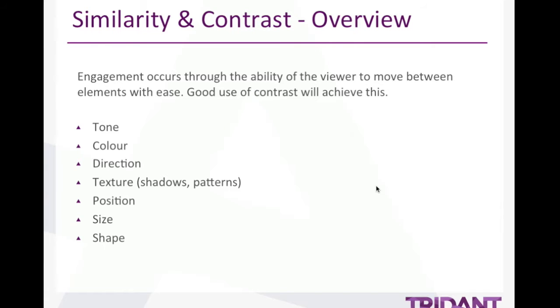Contrast really creates the impact in a design, so it works best when elements are completely different, because if you make something just a little bit different, it can be confused as a mistake. For example, if you were to choose two slightly different fonts, it's going to look far worse than if you were to choose two completely different but complementary fonts that work well together.